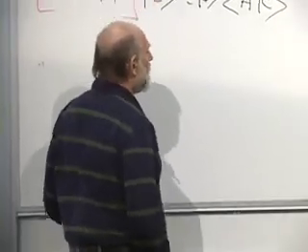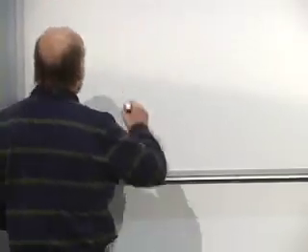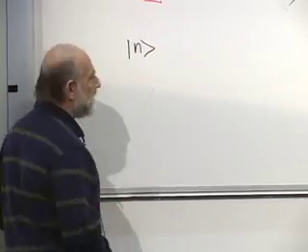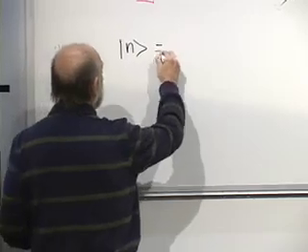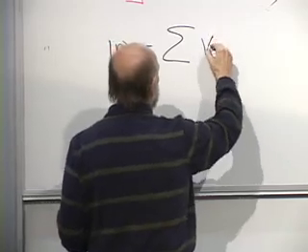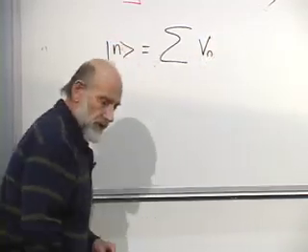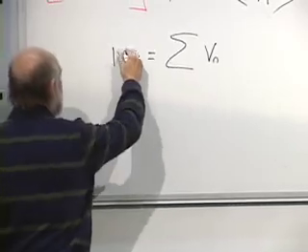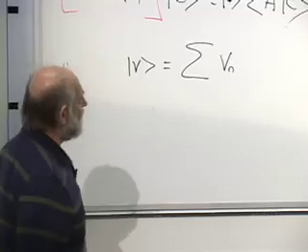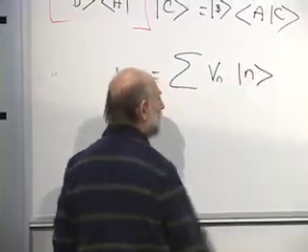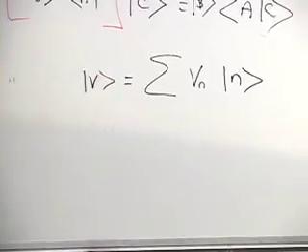Now, another observation is the following. If I have a basis of vectors, I can expand any vector in it. I want to write v is a vector, is a sum of a set of coefficients times the nth basis vector. That's what a basis is good for.